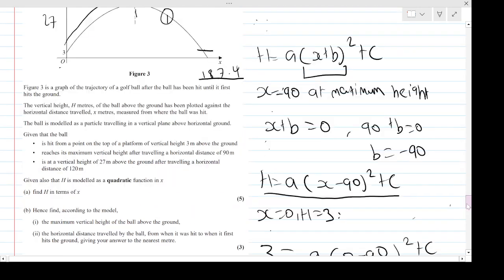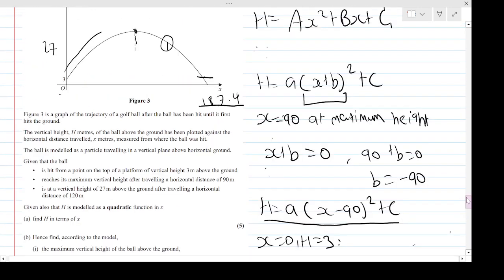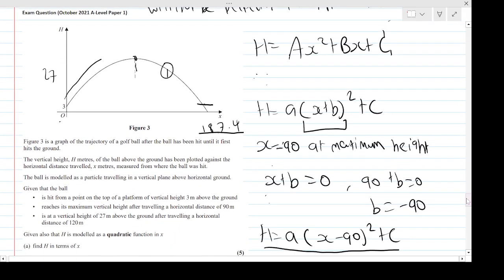So that is essentially a bunch of questions relating to modeling quadratics. Hopefully, you see the idea of modeling now. The whole idea is that we try to find some equation, in this case a quadratic equation, given some information or data about the scenario.